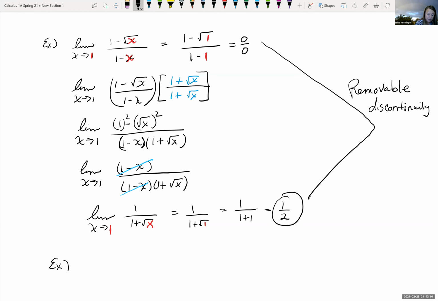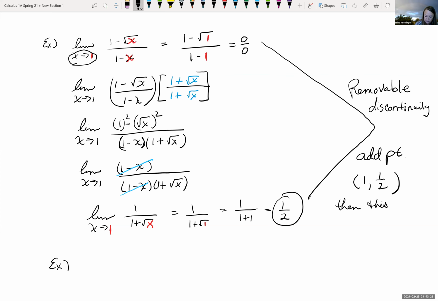So it's undefined when x is 1, because I get 0 in the denominator. But notice the limit as x is approaching 1 is 1/2. And so if we add the point (1, 1/2), it's now going to be continuous.